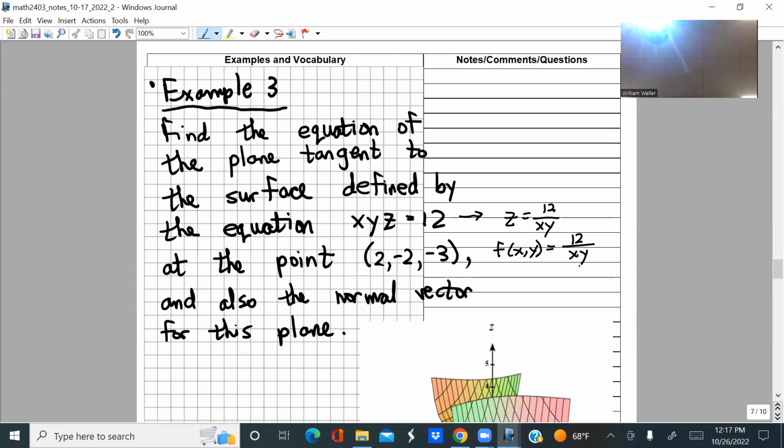It's just 12 over x times y. Okay. So before you start using any of these formulas, you have to write your equation in the proper form. You need z as a function of x and y. Okay, all right. So can y'all do that?